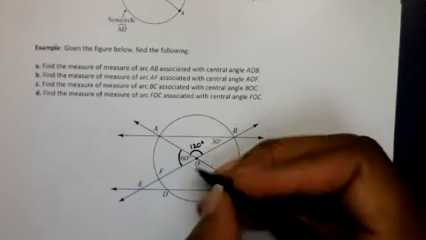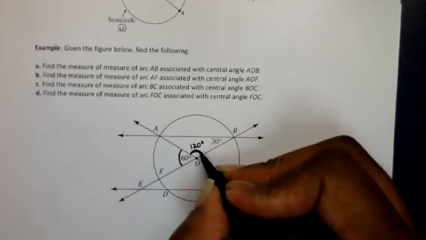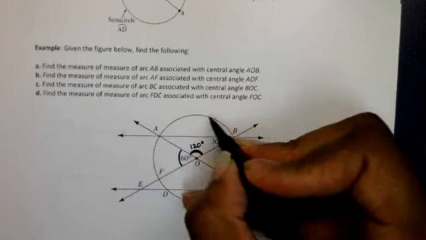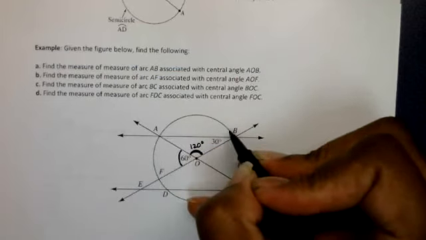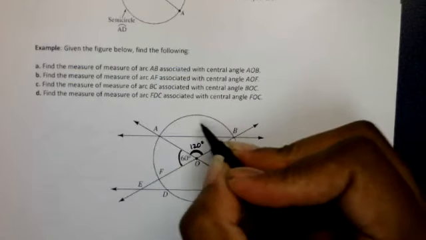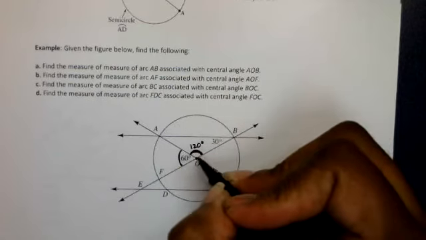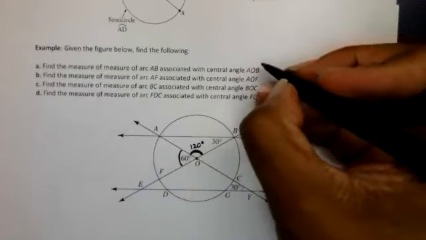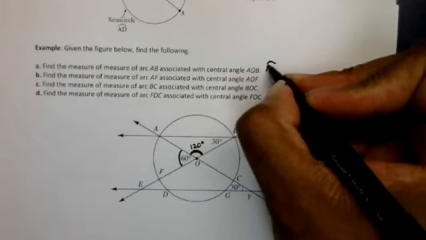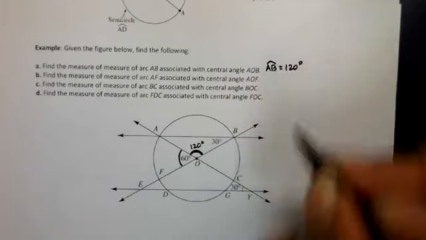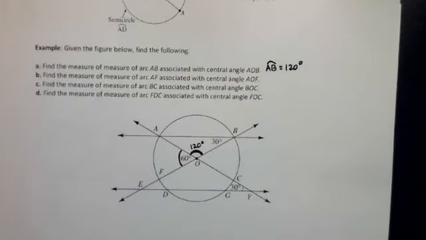And if this angle is 120 degrees, then the measure of this arc AB has to be the same as the measure of this central angle here. So if this is 120, then arc AB must be equal to 120 degrees.